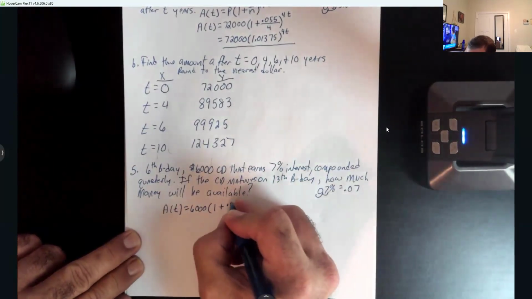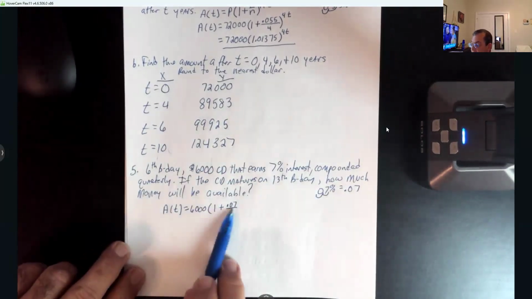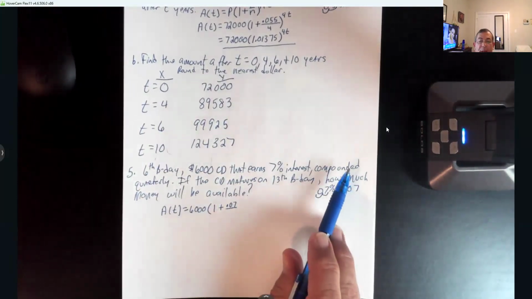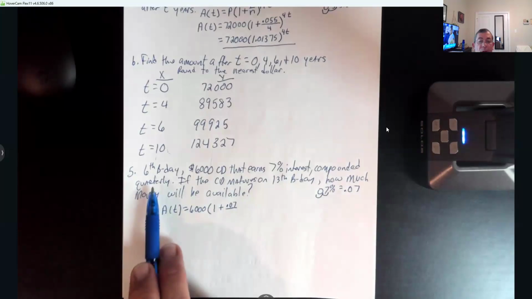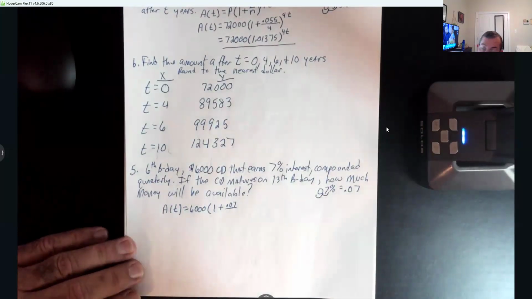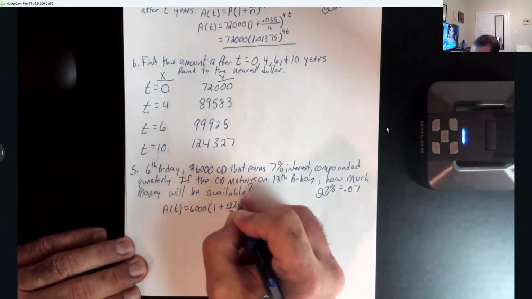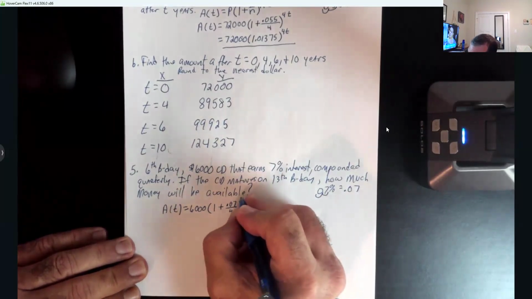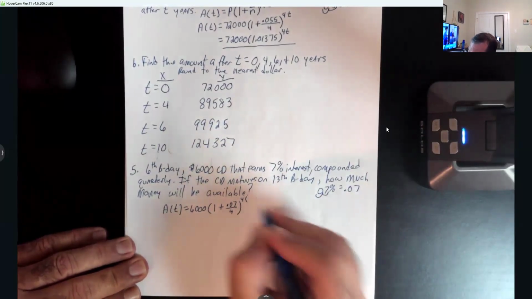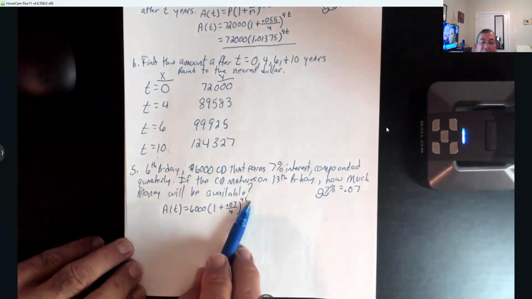So we put that on top. N is on bottom, the number of compounds. This one's compounded quarterly again, so we know quarterly is 4. And then close parentheses, and it'll be 4, because that's my N, times T.